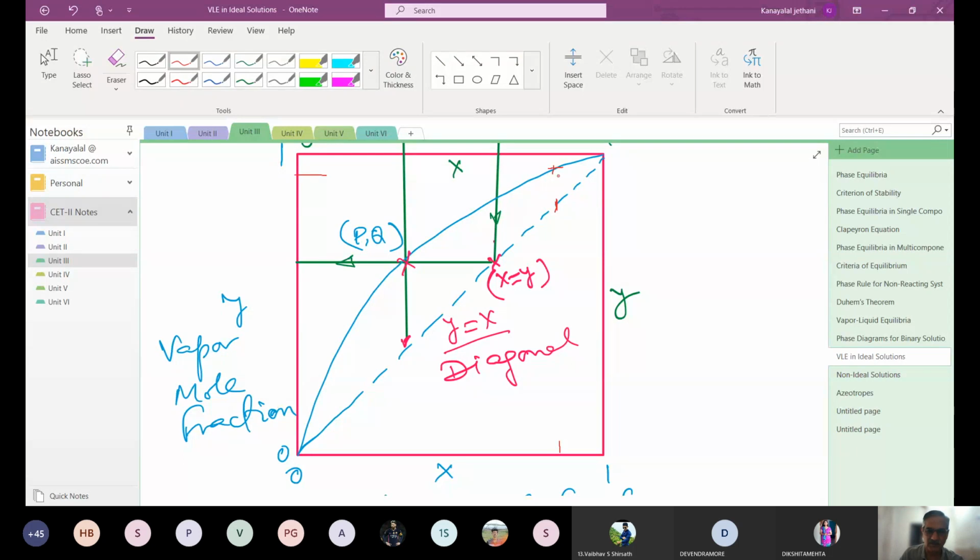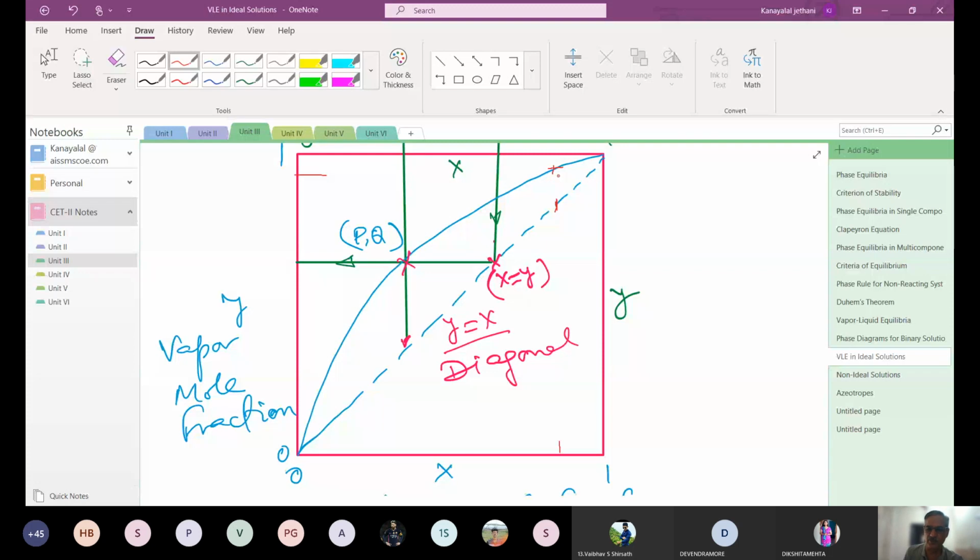Is that understood? Yes, sir. That is the principle of distillation. That is how we can separate the more volatile component from the less volatile component, right? We evaporated the liquid, and the vapor formed has more volatile component. We condensed the vapor and get another liquid after condensation with more of the more volatile component. So we get separation. The liquid remaining below will have more less volatile component, and the vapor will have more of the more volatile component.